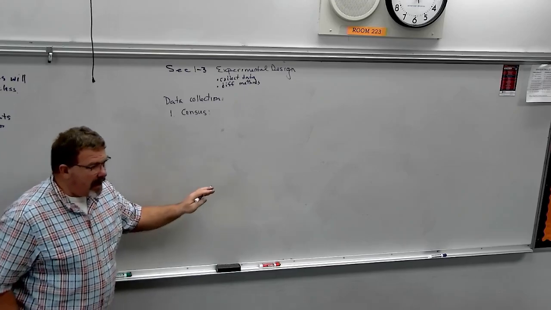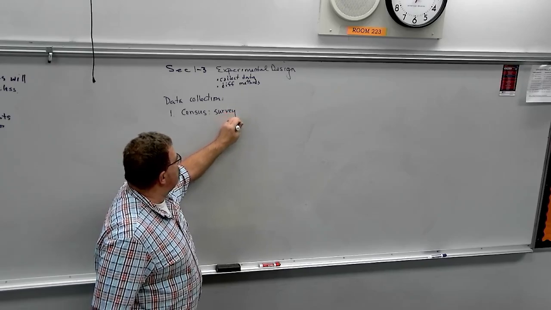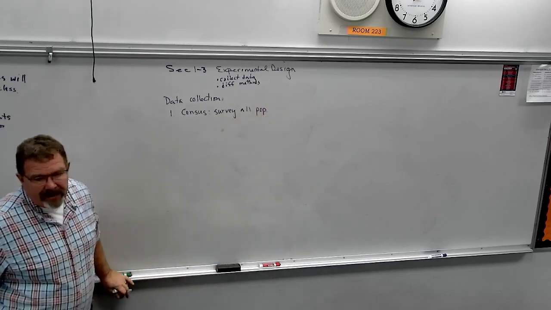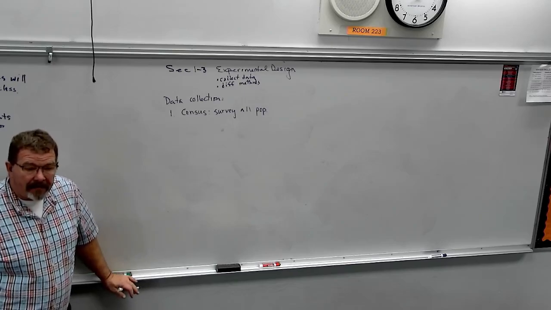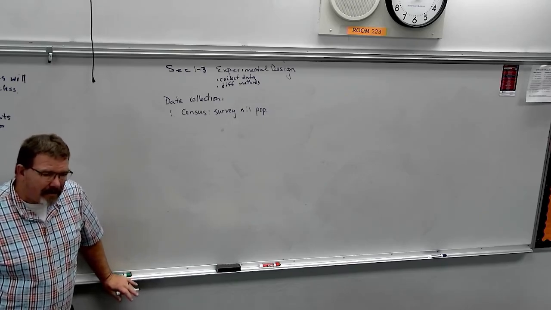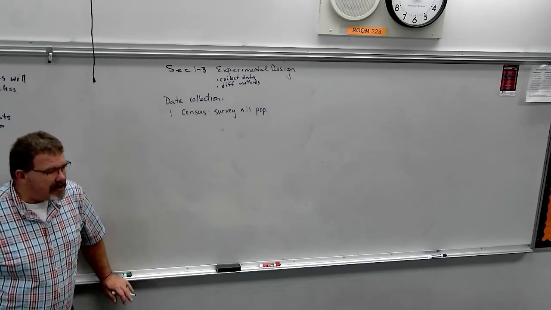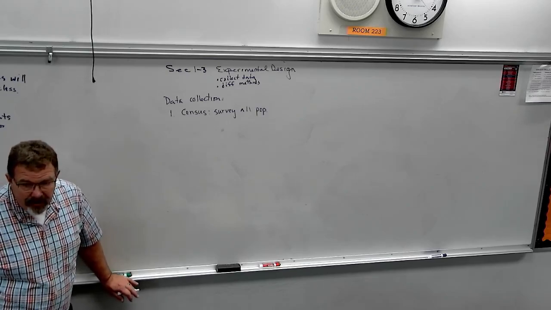Survey all the population, right? So if we do a census, we survey all the population. Now we've talked about it. Surveys are sometimes not practical, right? They're hard to do. They're hard to survey every single person. They're expensive. They're time consuming.